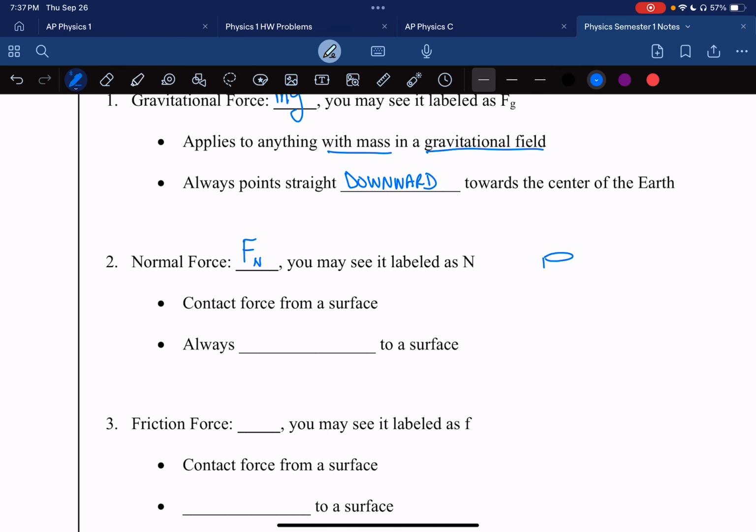Let's say you have a cup of coffee. Tried my best there. And it's sitting on a table. Shouldn't have drawn it 3D, but here we go. Here's the table.